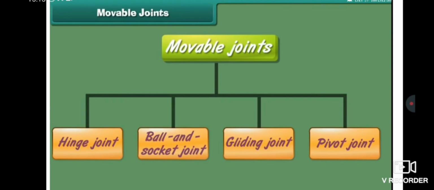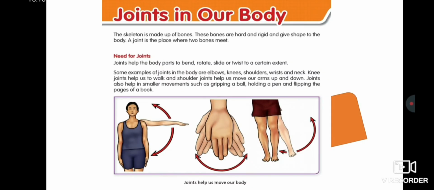So children, movable joints are hinge joint, ball and socket joint, gliding joint, and pivot joint. These four types of joints are classified on the basis of their functioning. As they function, we can classify them with the help of their functions. That's why there are four kinds of joints.